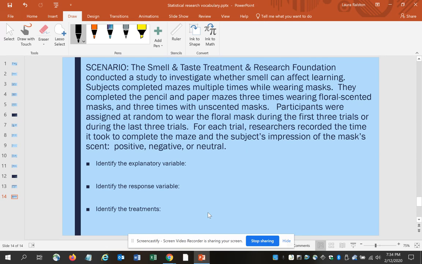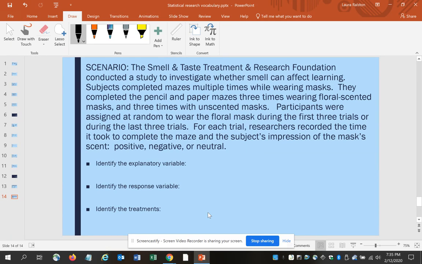Participants were assigned at random to wear the floral mask during the first 3 trials or during the last 3 trials. For each trial, researchers recorded the time it took to complete the maze and the subject's impression of the mask scent, whether they felt the scent was positive, negative, or neutral.